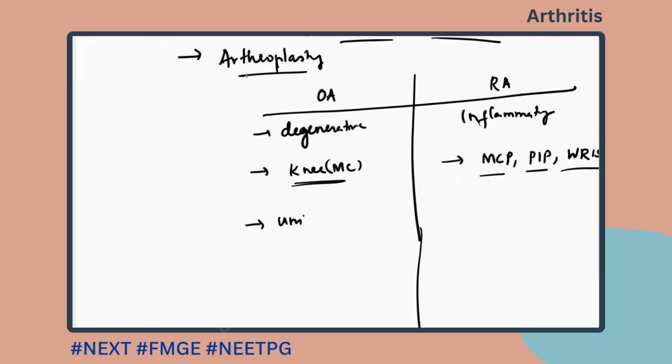Here there will be medial joint space narrowing. Here there is uniform joint space narrowing.